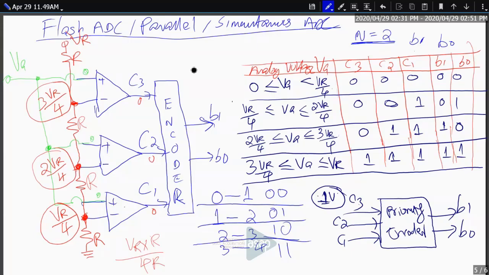Here it is a 2-bit ADC. Therefore, we have 4 resistors in the network. And naturally, the voltage across one resistor that is connected to C1, only one resistor R, is VR divided by 4. I think the meaning of voltage division is clear.